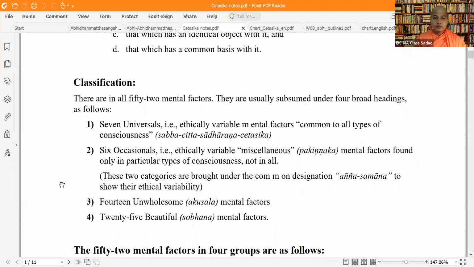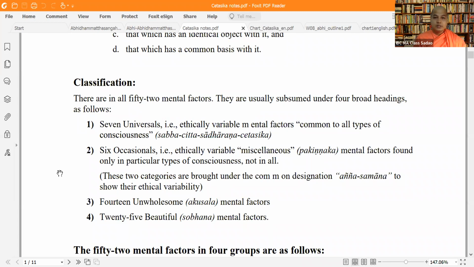Here we see they are categorized into 4 types. The first 7 are called Sabbachitta Sadharana Cetasika, common to all types of consciousness. They are universal Cetasikas, which means these 7 Cetasikas arise in all types of consciousness, all 89 types of consciousness.